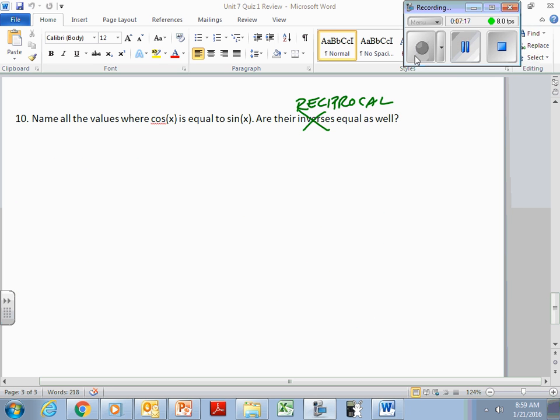All right, this is a calculator question. Name all the values where cosine and sine are equal. It'll look something like this. I'll sketch it real fast. Sine in red, cosine in green.